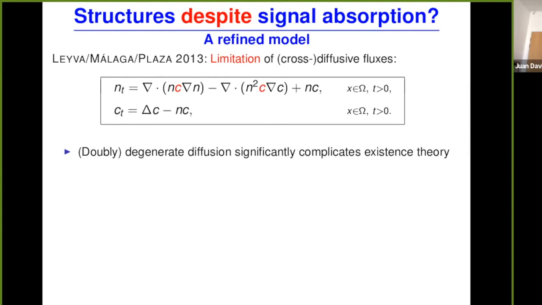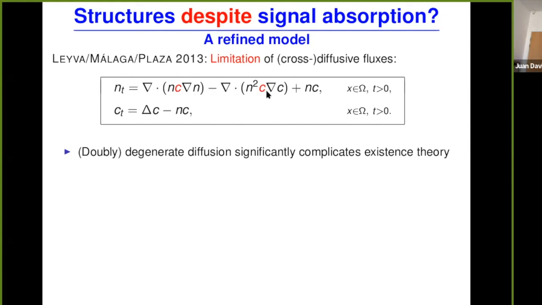So when the food becomes scarce, then these guys slow down more and more. And this was incorporated. You can justify it also by rigorous modeling, in such a way that in the first equation, in both these migration operators, you have a factor C.